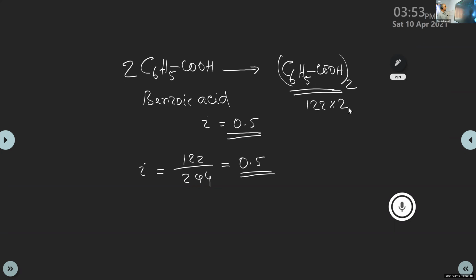The molecular mass of benzoic acid in benzene, when determined by cryoscopic method, is found to be 244 gram per mole.